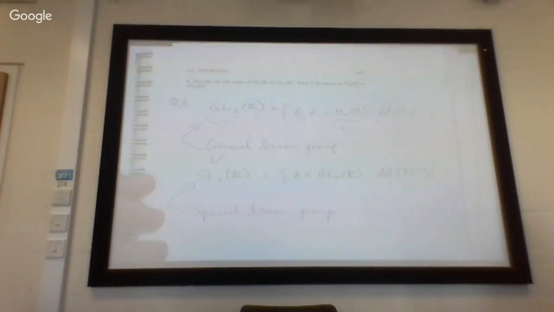Well, if you let A be an element of GL2R, then A times SL2R is, by definition, just the set of all A times S, where S is an element of SL2R.